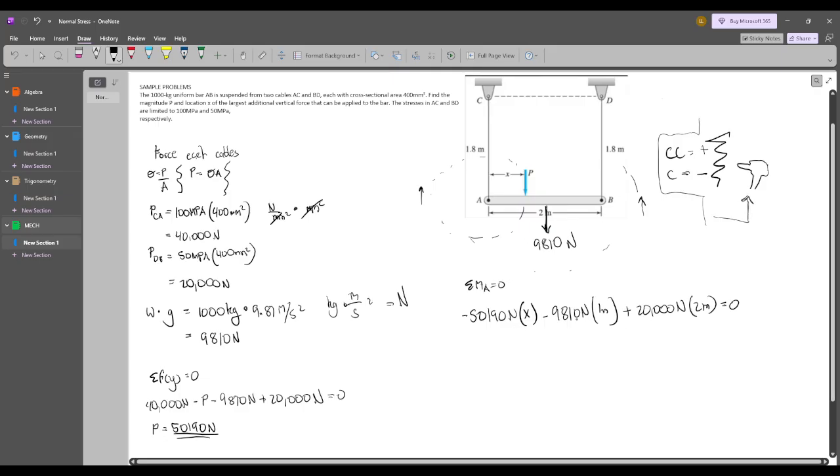Now, let's isolate x. Let's just transpose it. It'll become a positive value of P times x, leaving these the same. 9,810 plus 20,000 gives 30,190 N·m. Now we isolate x. It just brings down this one.